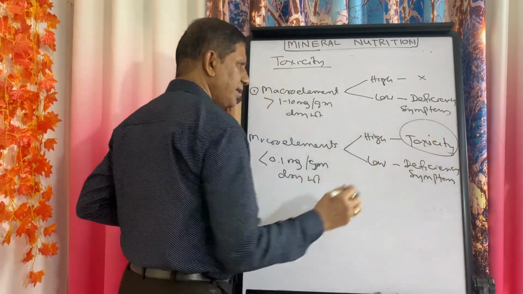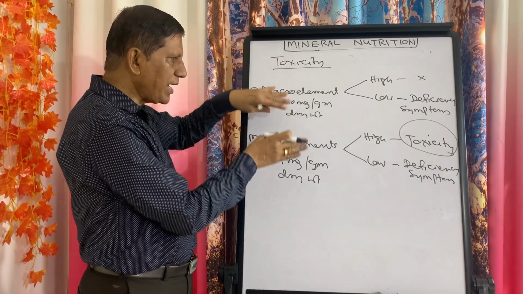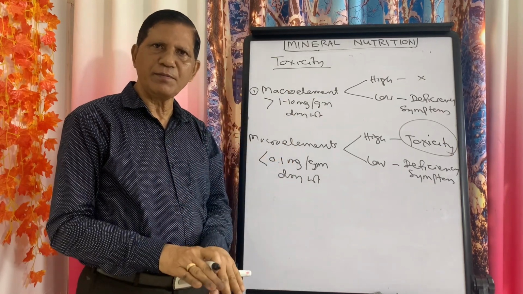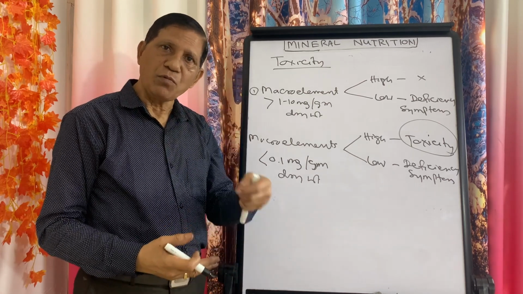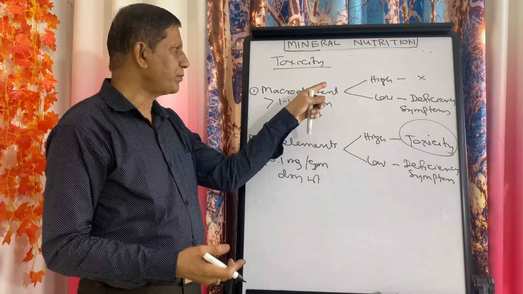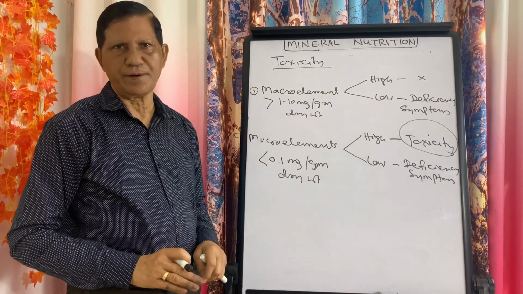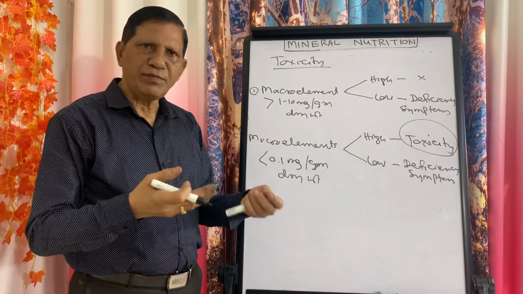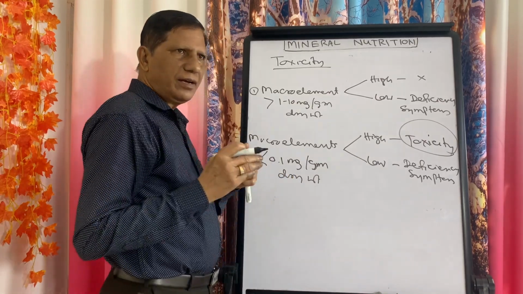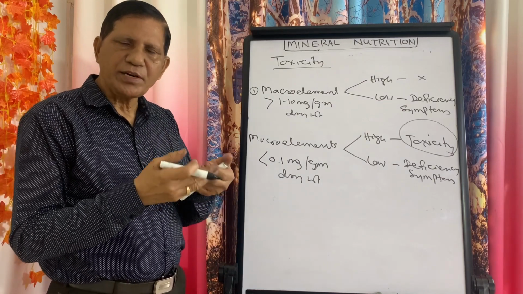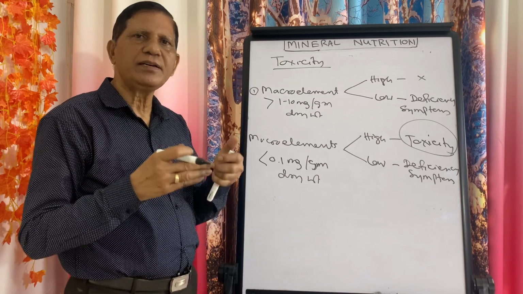That means in both macro and micro elements, if there is a shortage of the element, it will lead to deficiency symptoms. But if the element is more in amount in the plant body, in case of macro elements there will be no problem, but in case of micro elements, it will lead to toxicity. So what is the definition of toxicity? Toxicity means when, due to the excess presence of a particular element, the dry weight of the plant body is reduced by 10%.